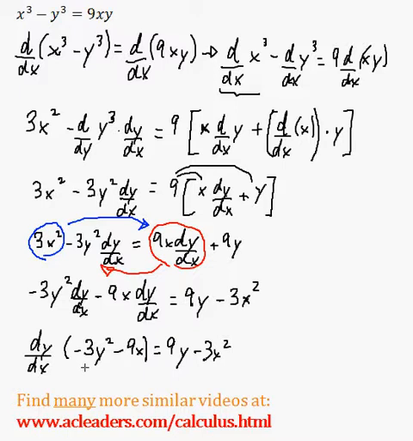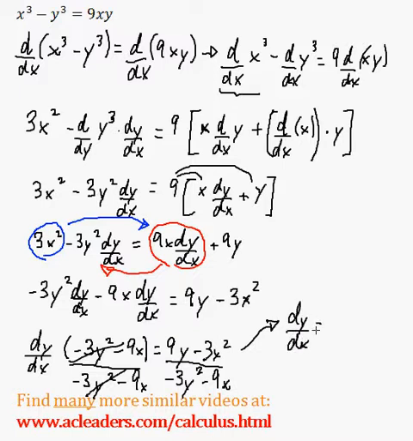Finally, I can actually just divide both sides by negative 3y squared minus 9x over negative 3y squared minus 9x. So these guys cancel out, and dy/dx, which is what we were looking for, is going to be equivalent to 9y minus 3x squared over negative 3y squared minus 9x.